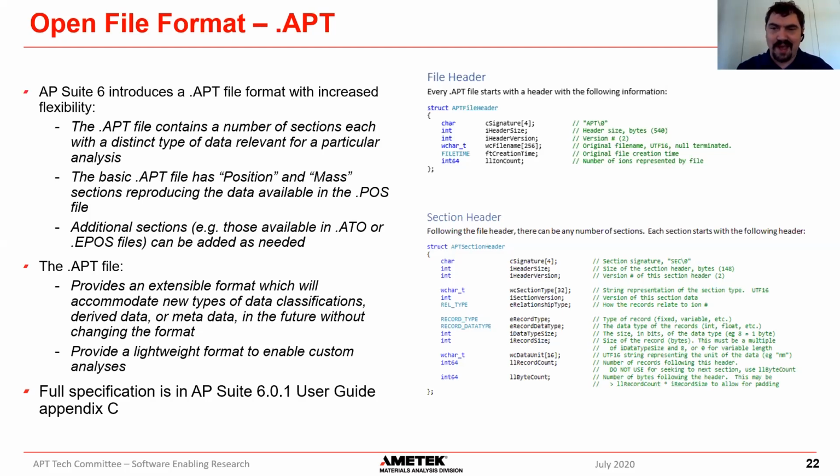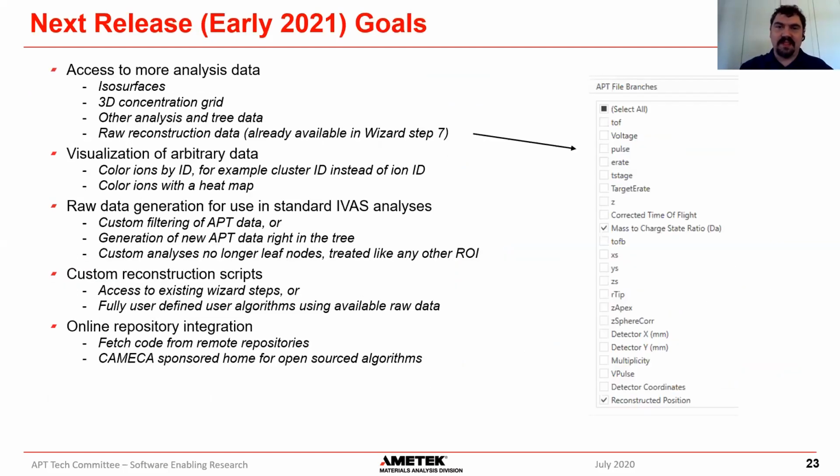Eventually, we're working on having a new home for all this stuff. So this is the exciting stuff. What's coming next? So I said before, this is just a first pass in AP Suite 6.01, and our next release, which is coming hopefully right away next year, these custom analysis modules are going to get access to a lot more data, including other things in the analysis tree, like any other analysis you might have, like concentration data.